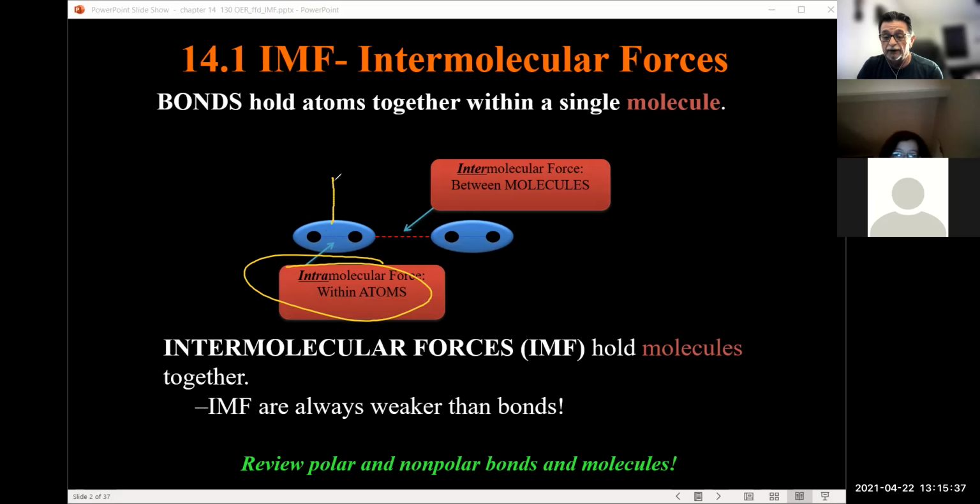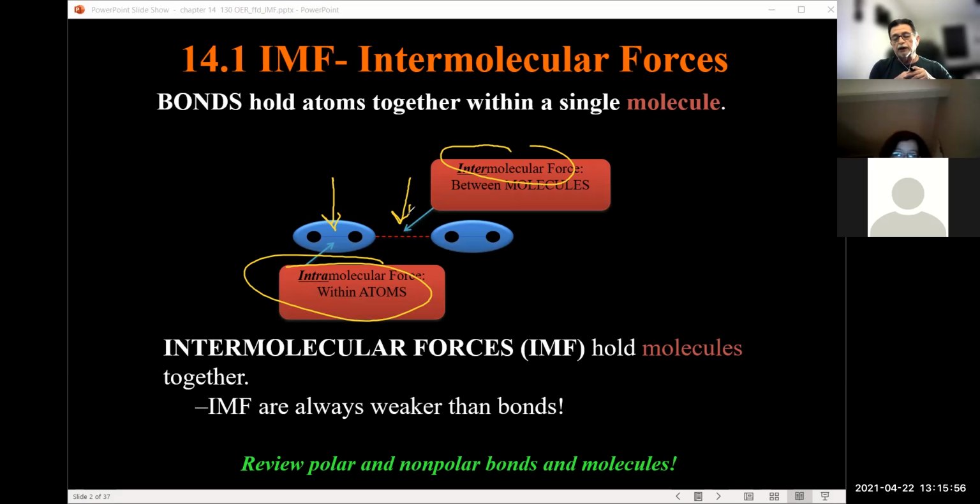You can see right there, intra. Whereas inter, INTER, deals with interactions between molecules.